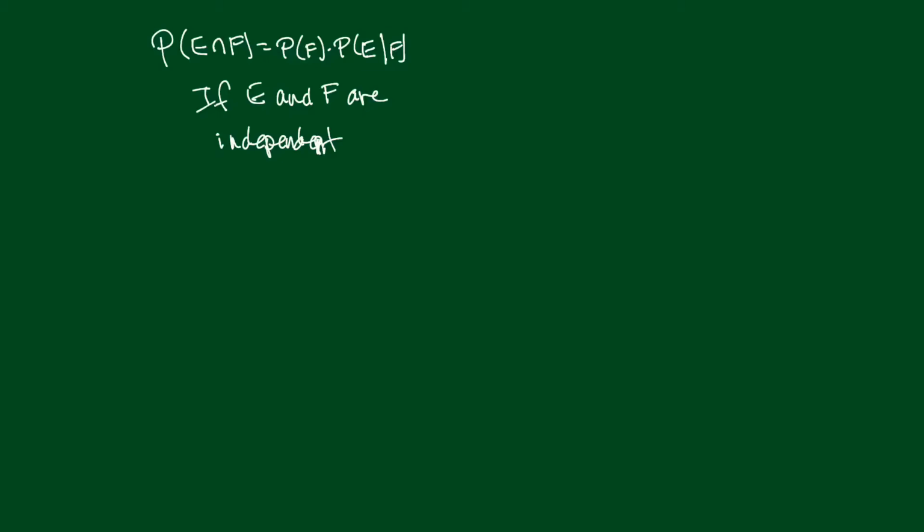If E occurs, it has no effect on F occurring. If F occurs, it has no effect on E occurring. So what that means is that this part right here, the probability that E occurs, given that F occurs, because they're independent, just reduces to the probability that E occurs. Does that make sense? E and F have nothing to do with each other.